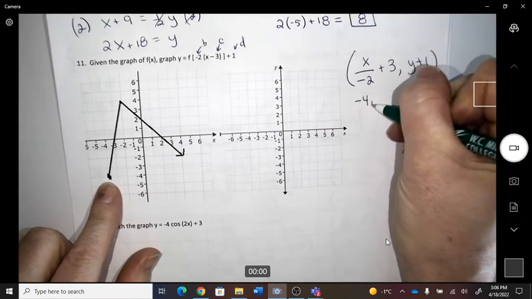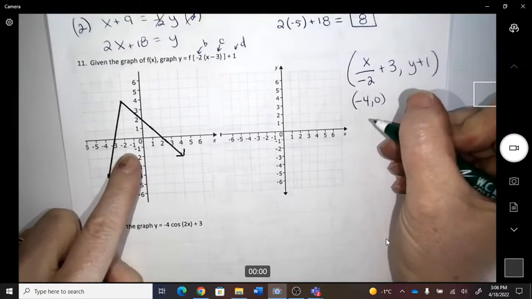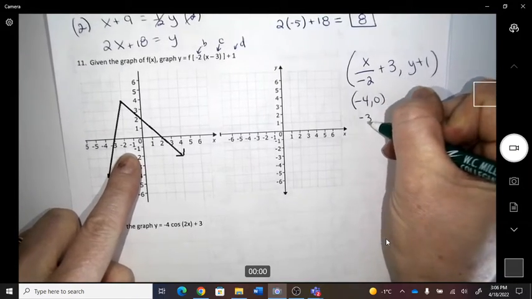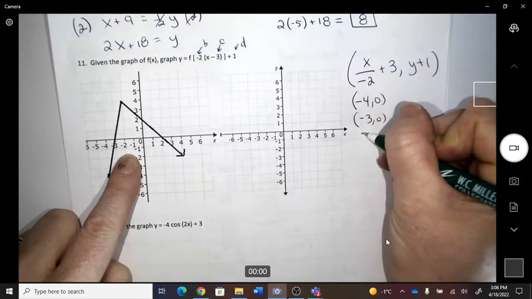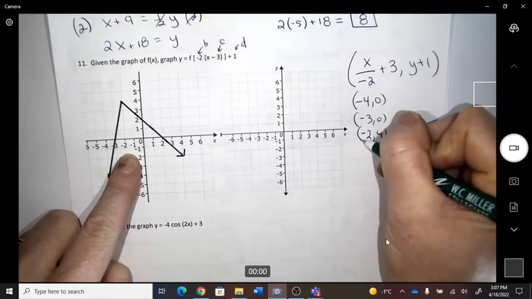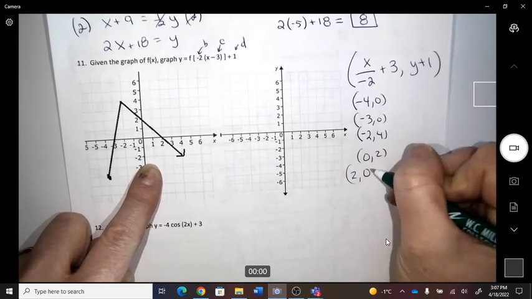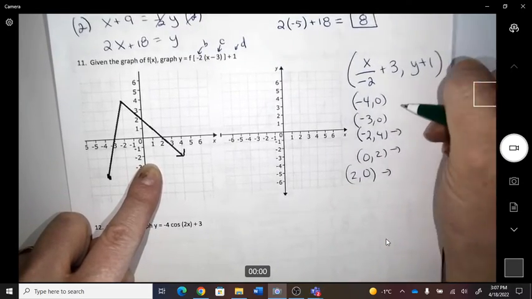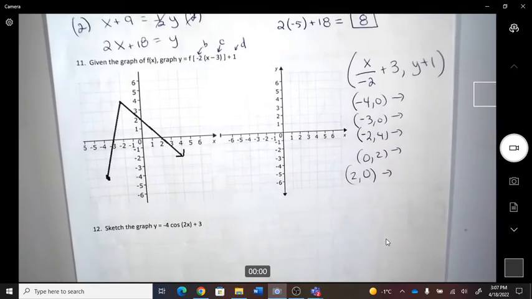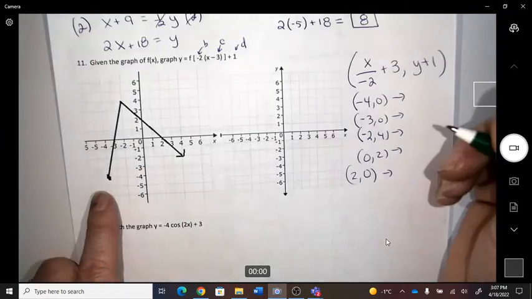I think this is the same as we had over there. I grabbed a few points there. Oh, what am I doing here? Not -4, 0.